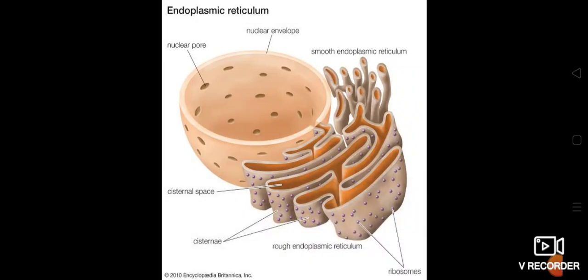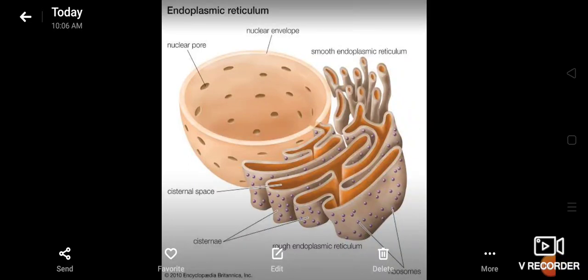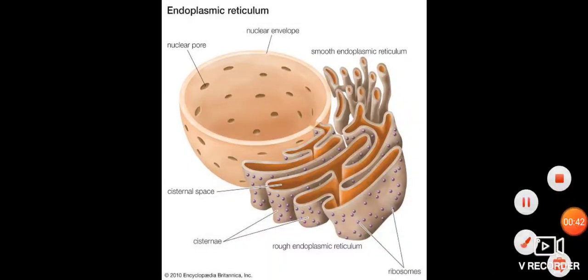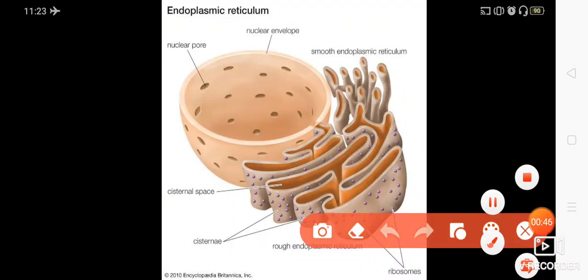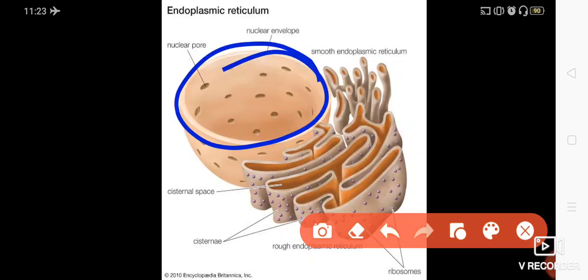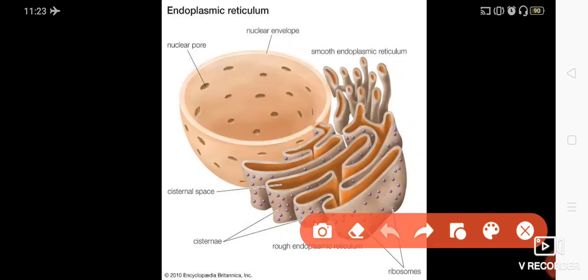Now, first of all, I'm going to start with the endoplasmic reticulum. If you recall the diagram of the cell, either plant cell or animal cell, you will find some structures attached to the nuclear membrane. See, this one is the nuclear envelope or nuclear membrane.